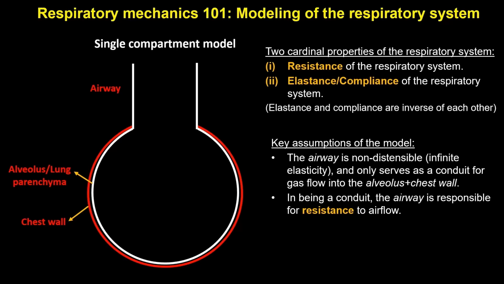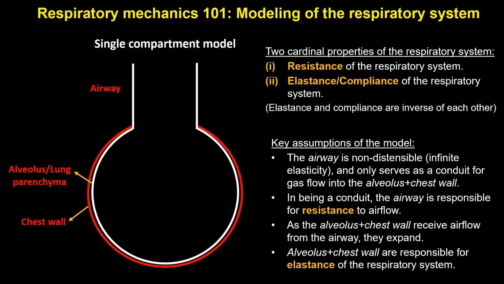In this sense, the airways are responsible for the resistance to the airflow. In this model, a single alveolus plus the chest wall receive the airflow from the airway, they expand, and depending on how stiff the alveolus and the chest wall are, they are hence responsible for the elastance of the respiratory system.